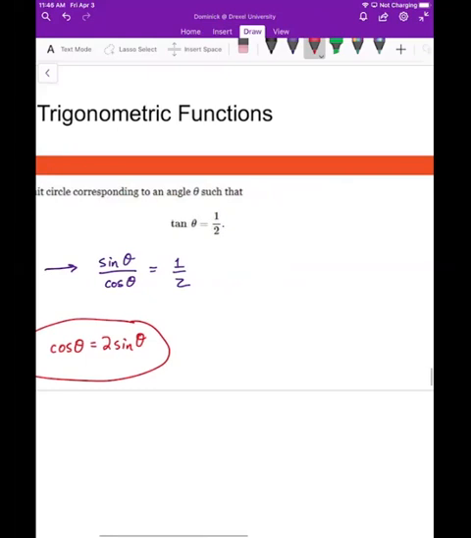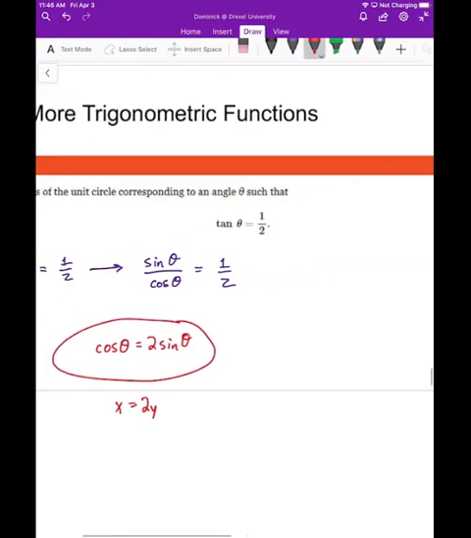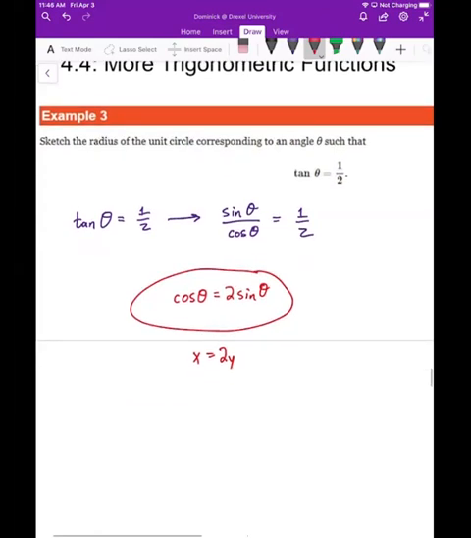So we want to know where the y value, if I multiply the y value by 2, does that give me the x value? Well, we can use x squared plus y squared is equal to 1, or sine squared plus cosine squared, to help us get this, and just use this fact here, right?